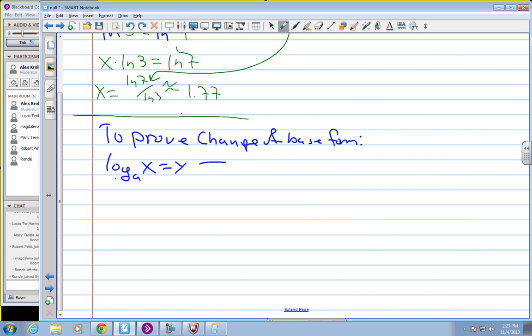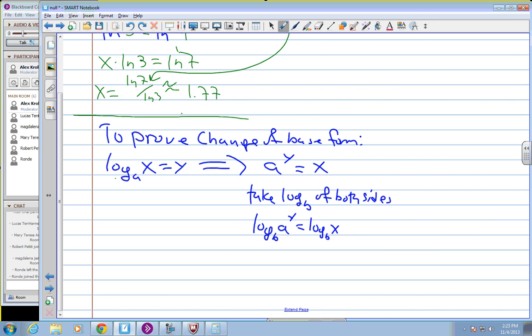So this is equivalent to saying a to the power y equals x, right? Then I want to bring the power down. We'll bring the power down by taking a log of both sides. And base could be anything, so I'm going to say take log base b of both sides. So I'll end up with log base b of a to the y equals log base b of x.